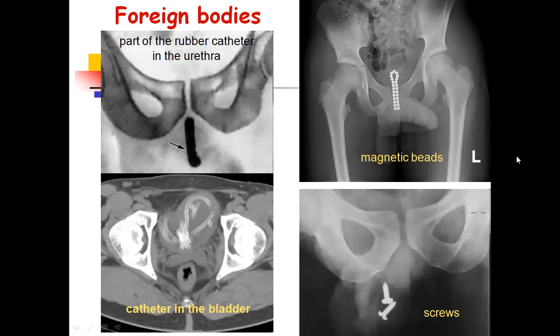Foreign bodies may be occasional findings on plain X-ray films.